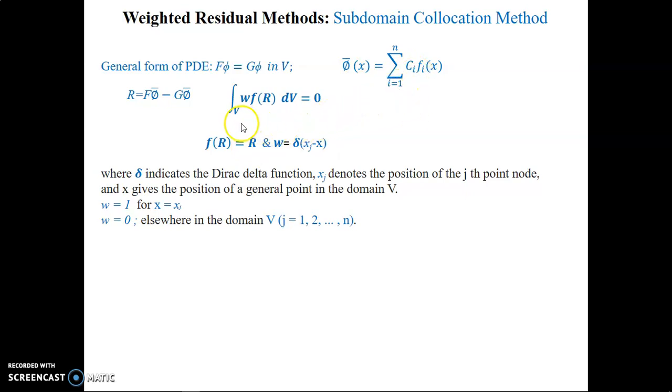In case of the subdomain collocation method, we actually perform the integration of R multiplied by the weight over the solution domain as defined by the collocation points. This technique will be better understood by applying it to a numerical problem, as we have solved for the point collocation method.